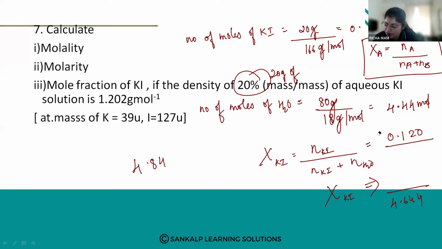So 0.120 plus 4.44. Right. Yes. So it comes to 4.56.